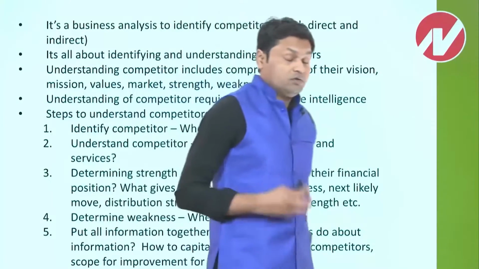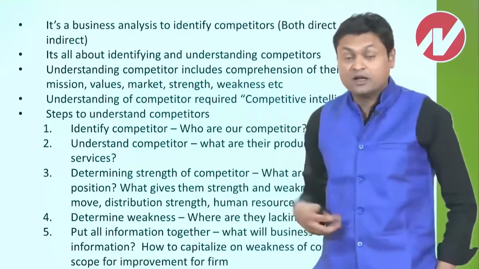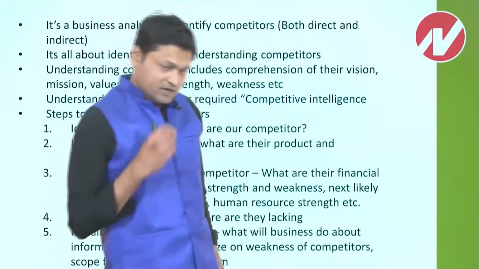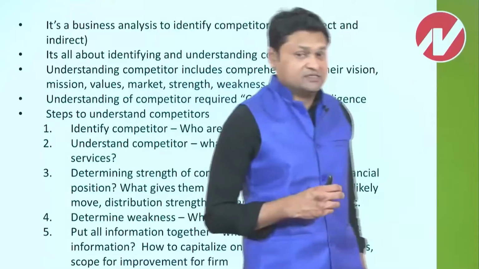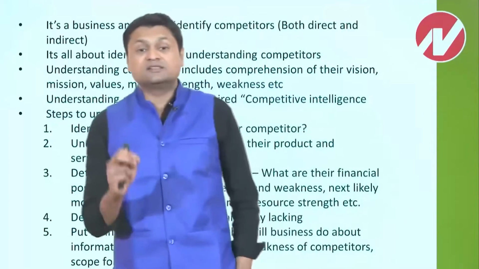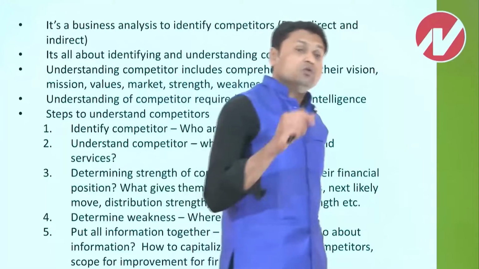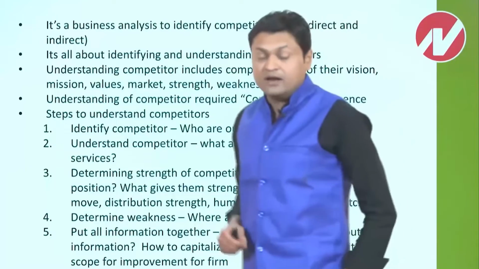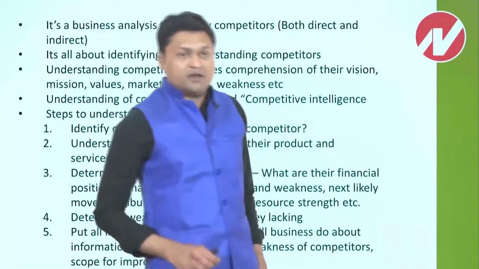If you really want to understand a competitor, you need to understand all of this, and this is known as competitive intelligence. Intelligence means the basic idea of the competitor. Competitive intelligence, this word you need to remember. To do the competitive landscape, you need to understand the competitor, and competitive intelligence will help you in this.